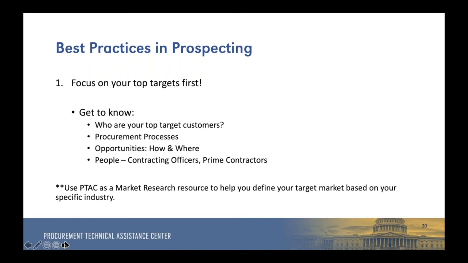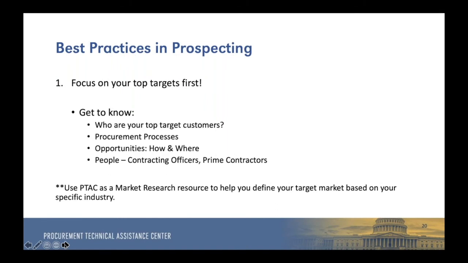What are the best practices that we've seen and that we're teaching our clients? You have to know who your customer is. So what is your target? What is their target agency? What is their procurement process? Meaning, what kind of contracting vehicles are they using?